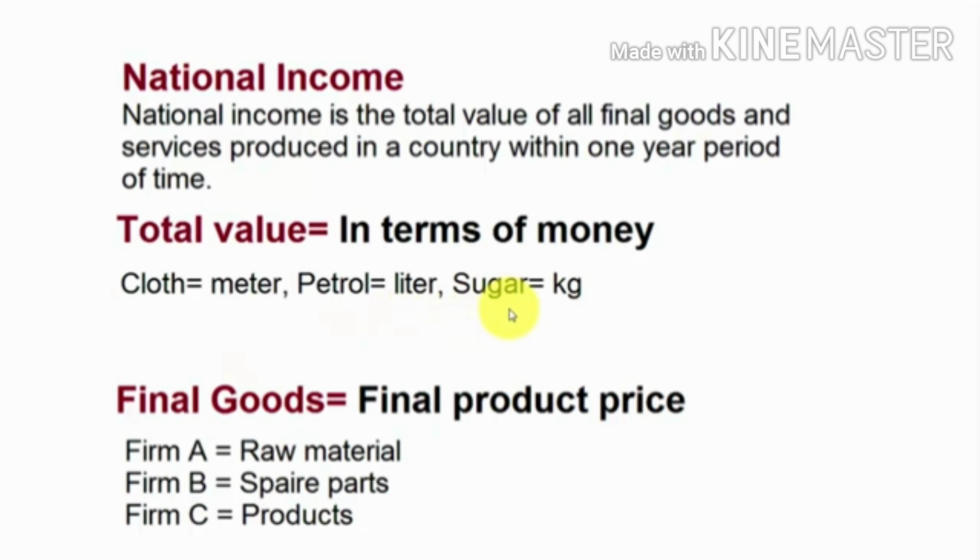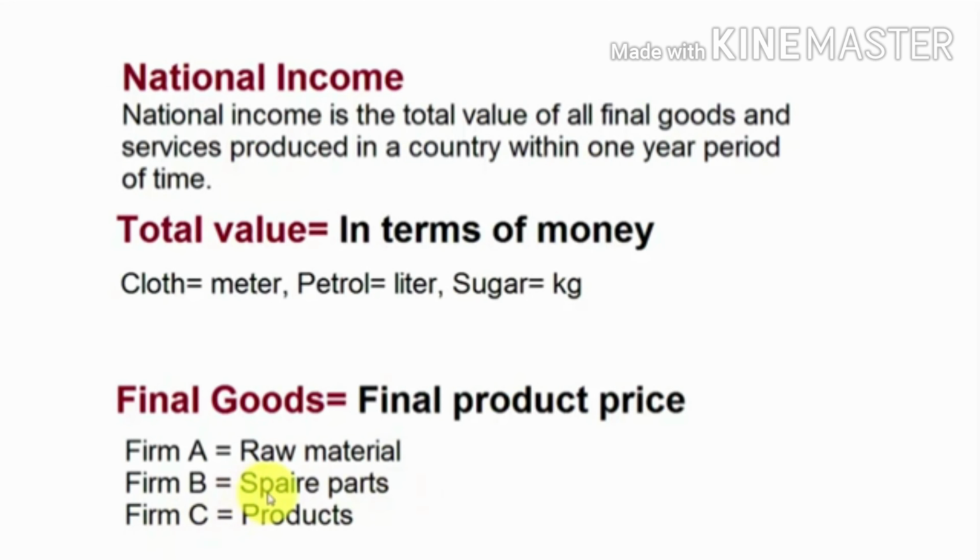Now, by final goods and services, we mean final product price. What is final product price? For example, we have three firms for producing a product. Firm A produces raw materials, firm B produces spare parts, and firm C produces these products. Firm A produces raw materials for this product, which is used in firm B, and they produce spare parts from this raw material, and firm C rejoins these spare parts and produces the final product.